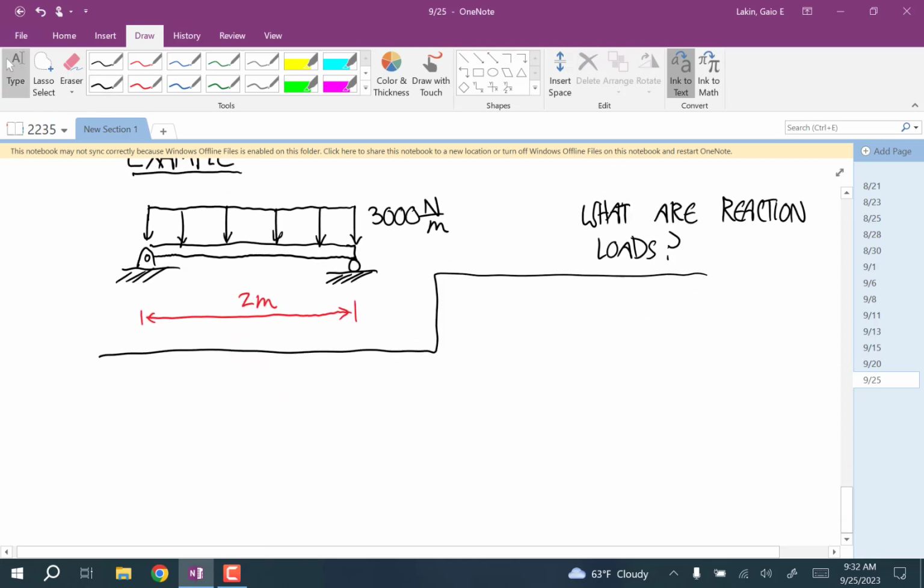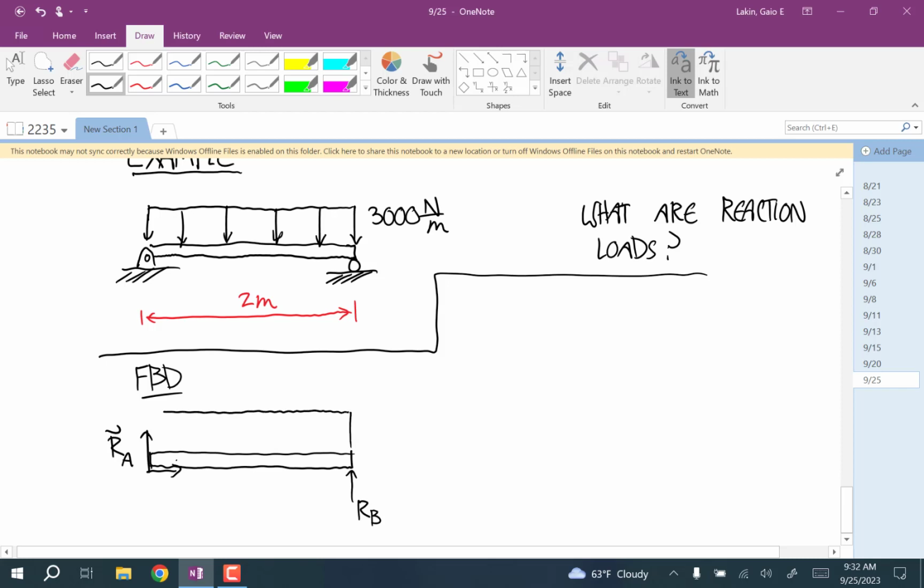Okay, well, a free body diagram has a point force over here, I'll call it RA, from the pin joint, and a force vector RB here. And then we have this distributed load.